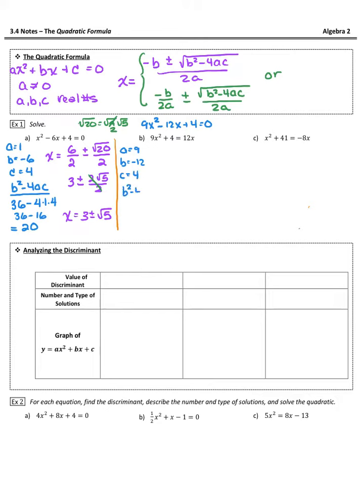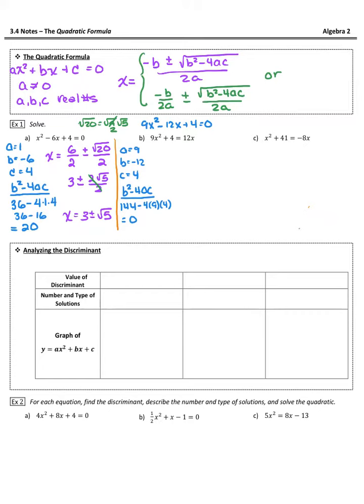So when I do b squared minus 4ac, I'm going to have 144, which is negative 12 squared. That'll always be positive because you're squaring it, minus 4 times 9 times 4. And it turns out that that is going to be 144 minus 144, which is going to equal 0.